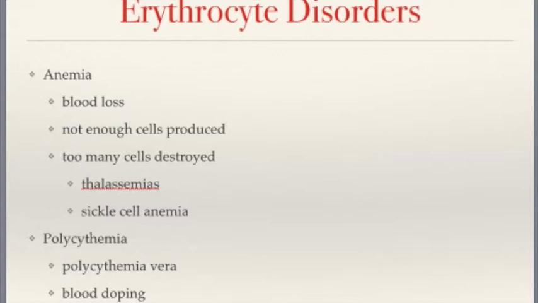It could be blood loss. It could be that your body's not producing enough cells, or it could be that too many cells are being destroyed. Two examples your book gives are thalassemia and sickle cell anemia, two conditions in which a defect in hemoglobin causes red blood cells to form incorrectly, at which point they are destroyed.